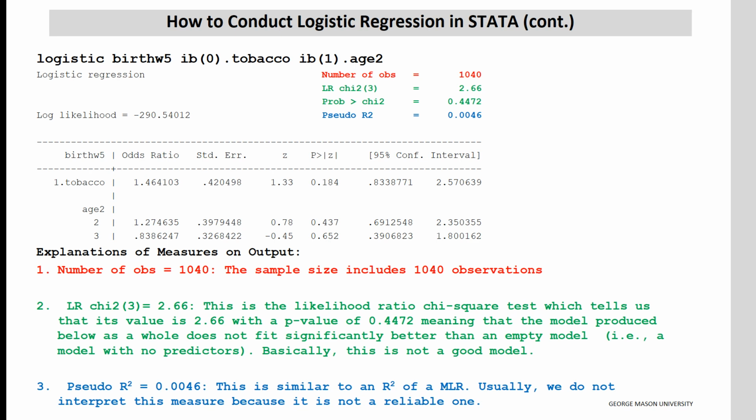Now, below the highlighted green lines, you'll see a line highlighted in blue, and that shows the pseudo R squared, which is 0.0046. This is similar to an R squared of multiple linear regression. Usually, we do not interpret this measure because it's not a reliable one. But either way, it is a very small value.